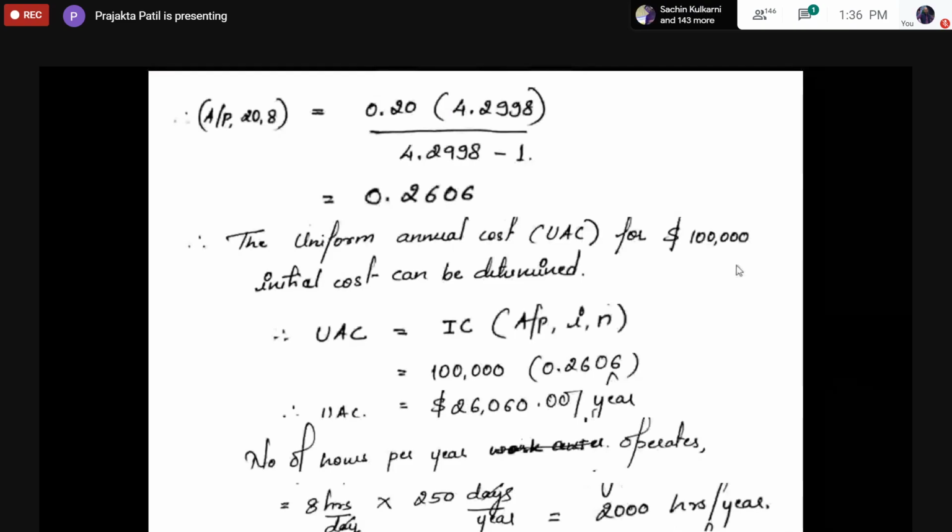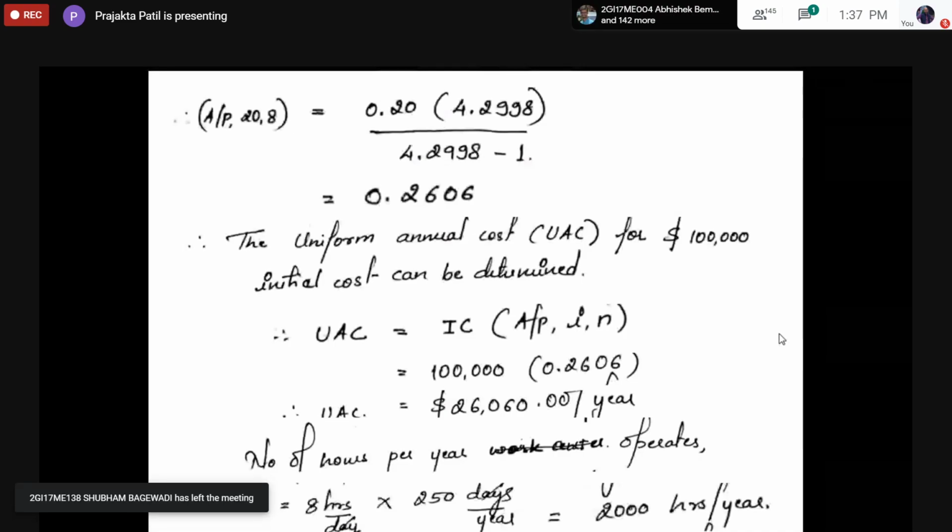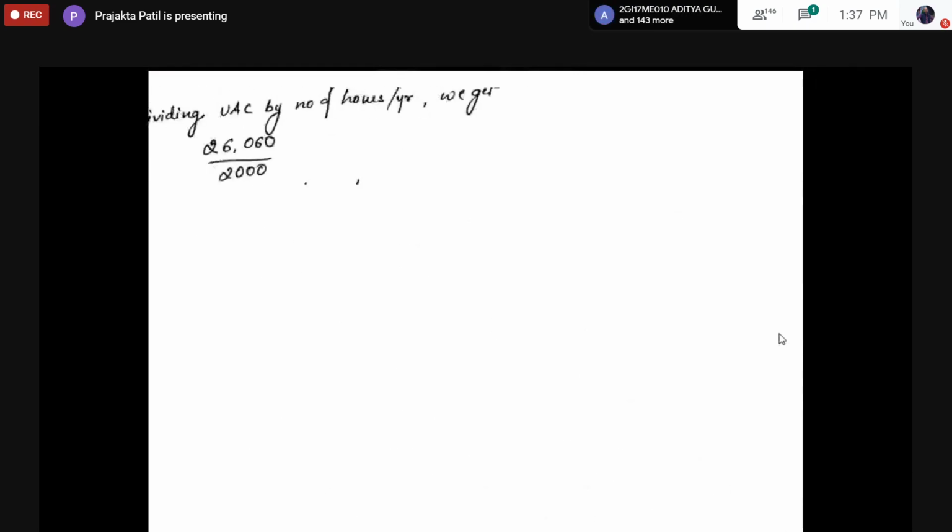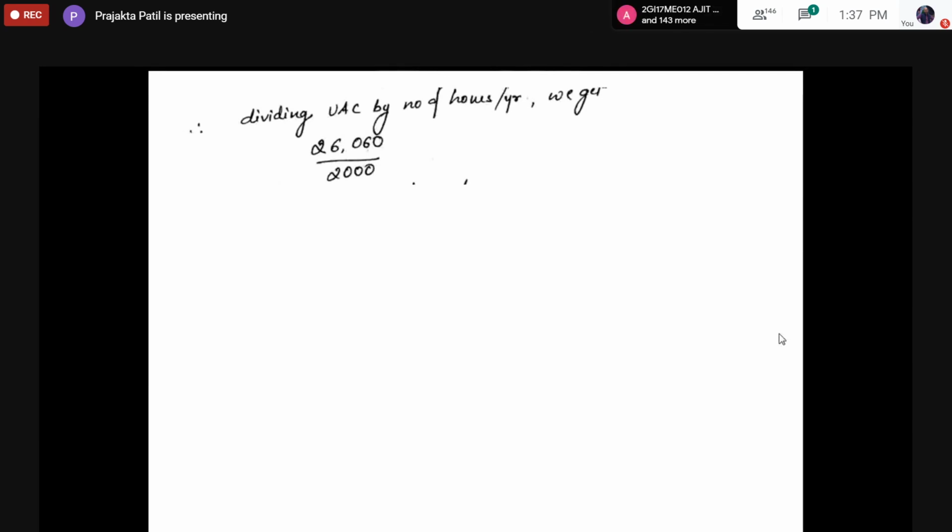That will give you the value of CM, that is $13 per hour. So this is the machine cost.